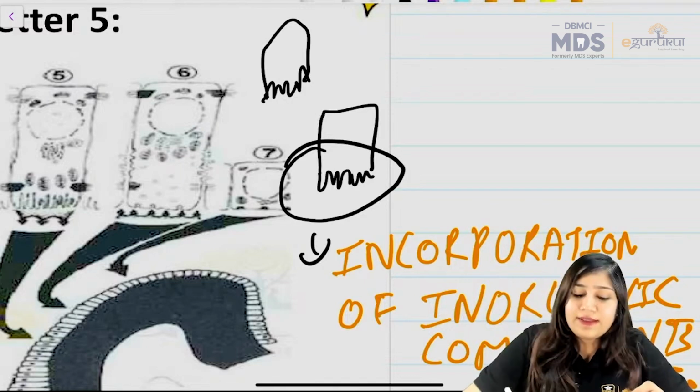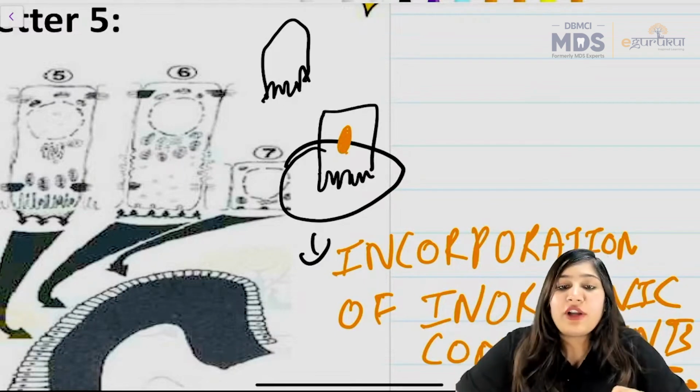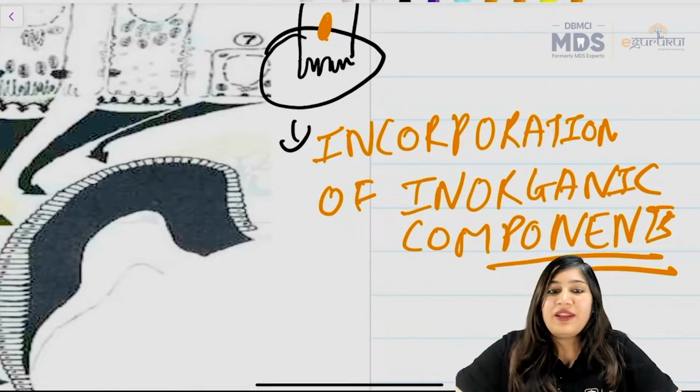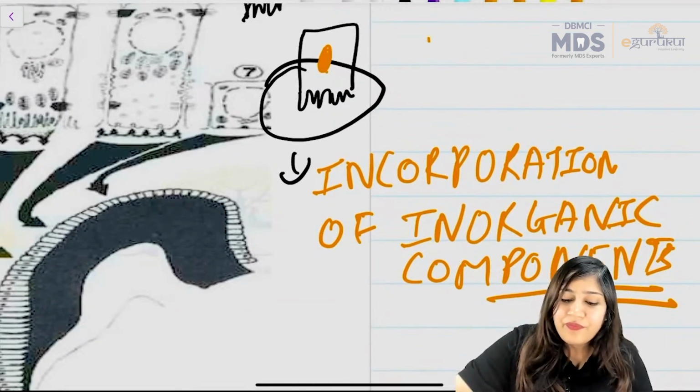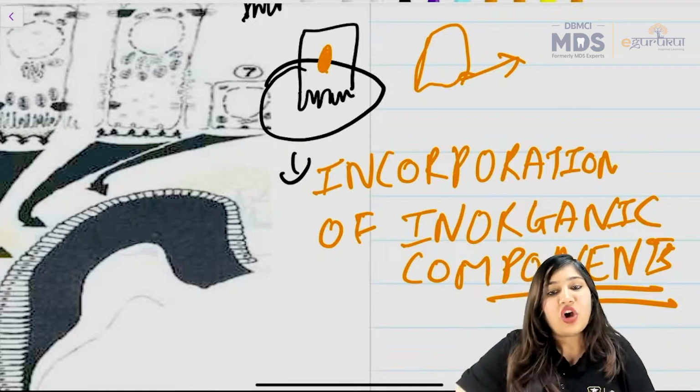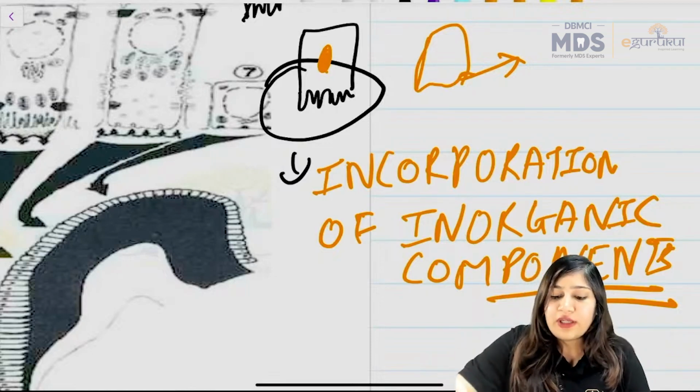So these cells develop what? Ruffled border for incorporation of inorganic components, and smooth border for removal of organic components such as protein and water.